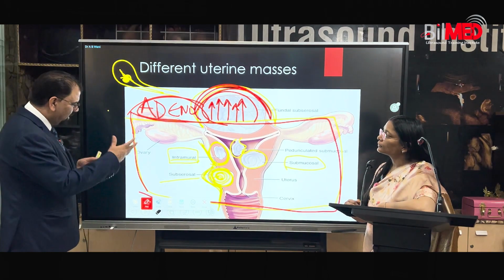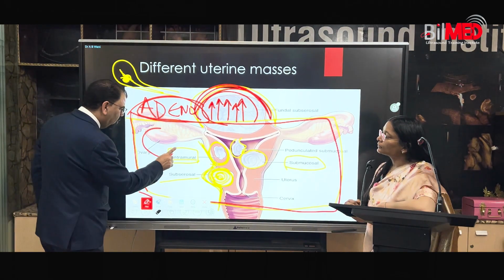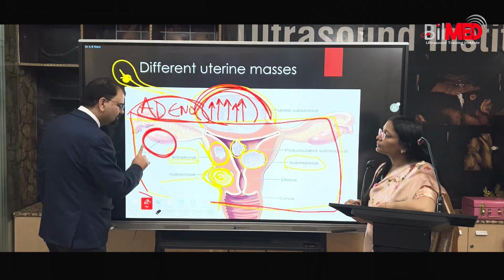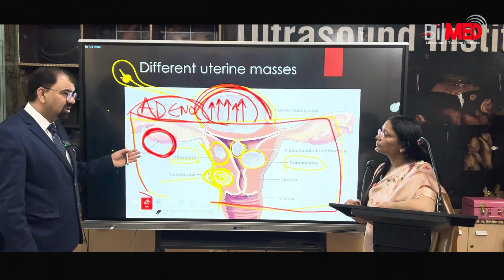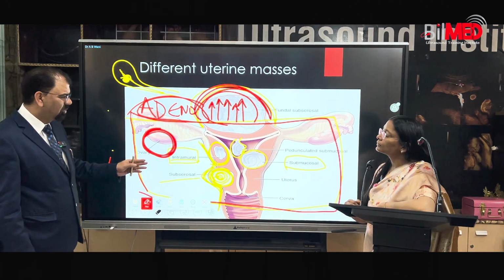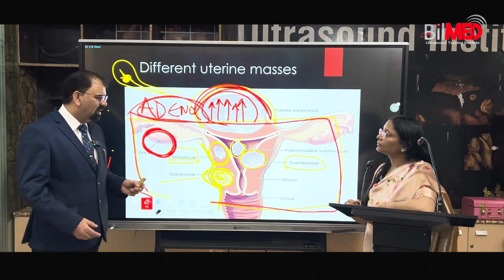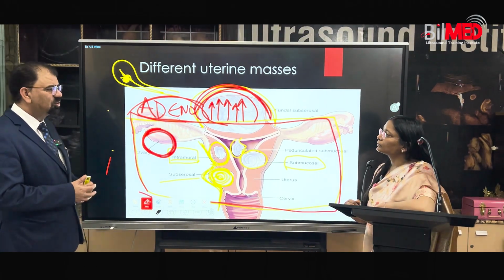So these are some common uterine masses. Plus two, maybe in ovary I am having a cyst. Then we have to differentiate whether we are dealing with a simple cyst, complex cyst, a dermoid one. Then we have to differentiate a dermoid from an endometrioma. So these are some masses which are commonly seen in the uterus.